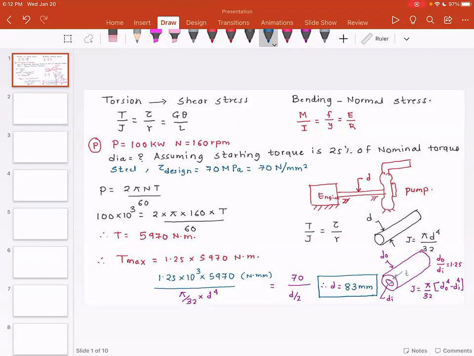Now, the next problem that I want to look at is bending. So similar problem, but now we have a circular rod, and we have to find out the value of the bending moment, and then we have to find out the diameter.